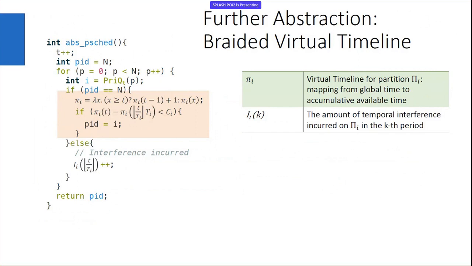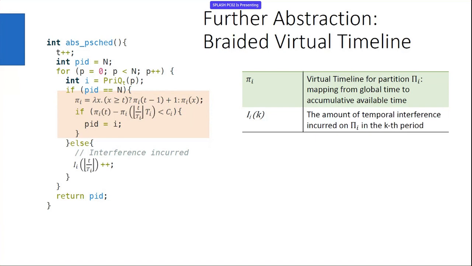So what this loop shows is that we are updating the virtual timeline at any moment. For the priority i partition, we update the virtual timeline by adding 1 to pi_i(t minus 1), otherwise it does not change.